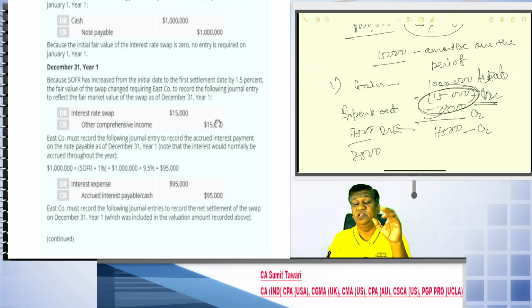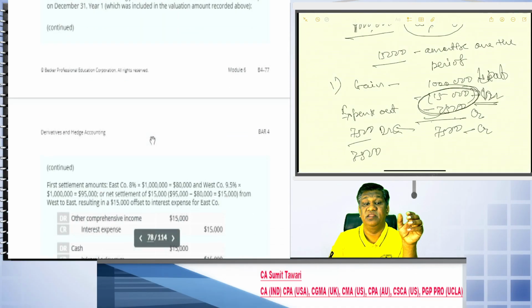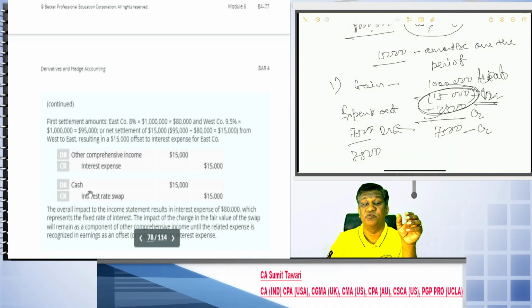What happened here is they need to recognize the expense of 95,000, but the actual interest they need to bear is 80,000. So whatever the income is, they need to route it through other comprehensive income. Then cash account debit, interest rate swap credit, and other comprehensive income debit, interest expense 15,000 credit.